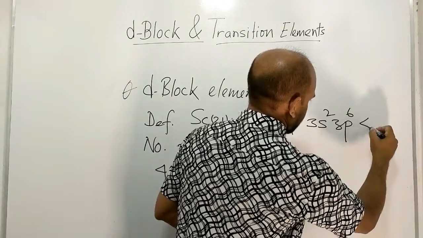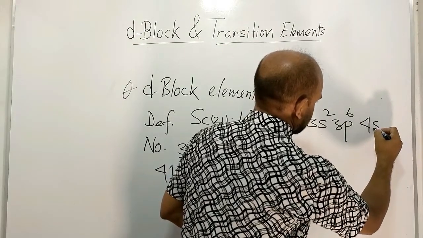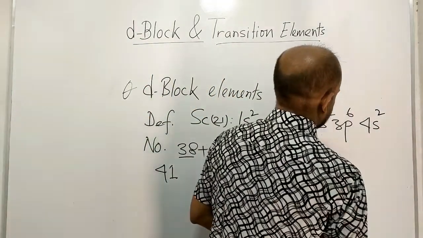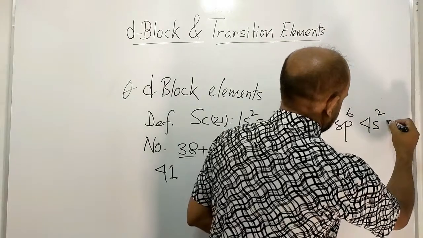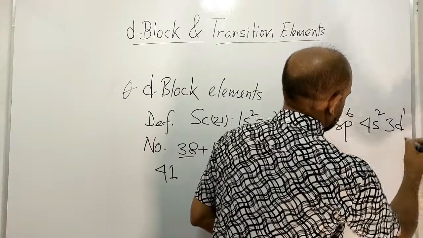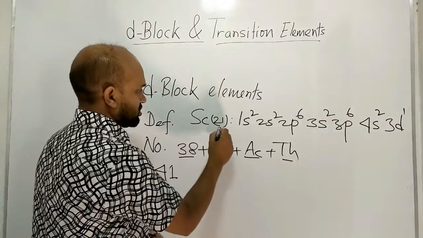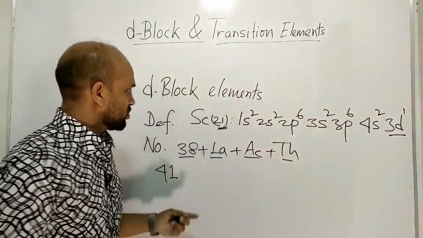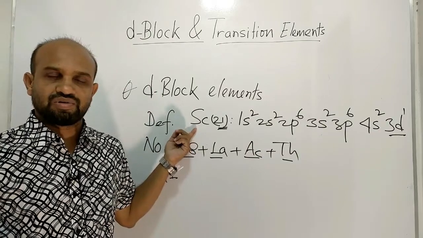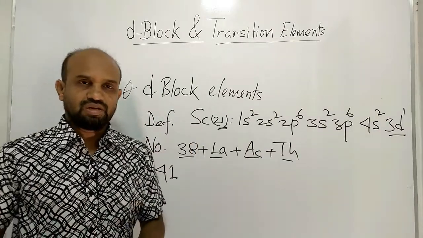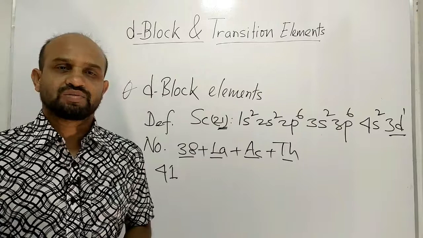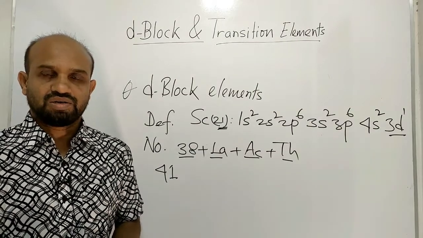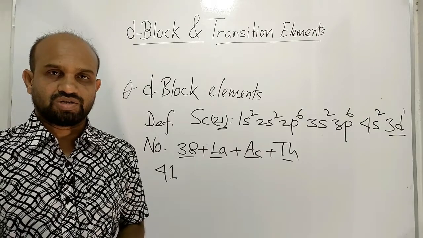Then 4s will come because 4s orbital is less energetic than 3d. 3d will come here. So last electron, that is the 21st electron, enters d orbital. So scandium is a kind of D-block element. Let's see again: the elements in which last electron enters d orbital are called D-block elements. Let's see the next point.